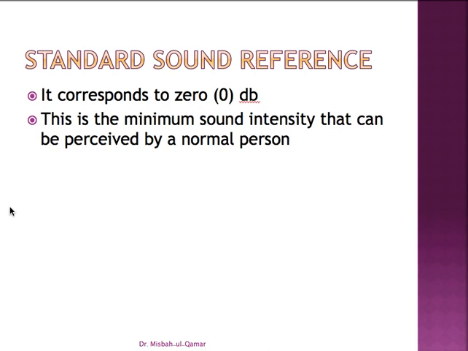That pressure level is very, very small, maybe 0.0002 dynes per square centimeter. Anyway, so this sound reference is basically the minimum sound intensity that can be perceived by a normal person, right? Keep in mind that a 0 decibel sound is not inaudible, but it is just audible.